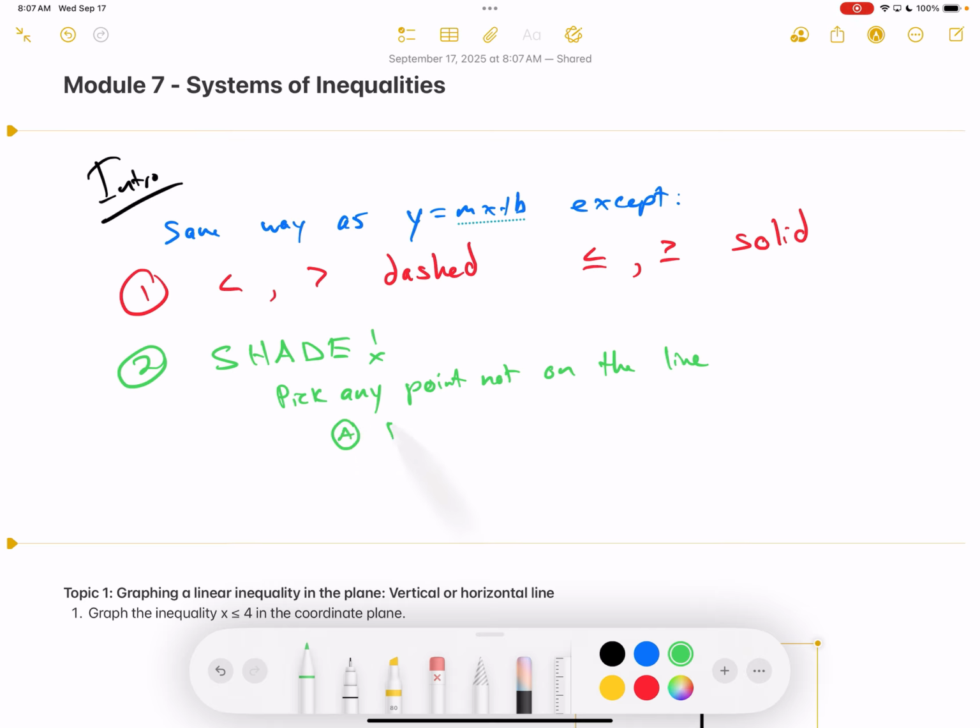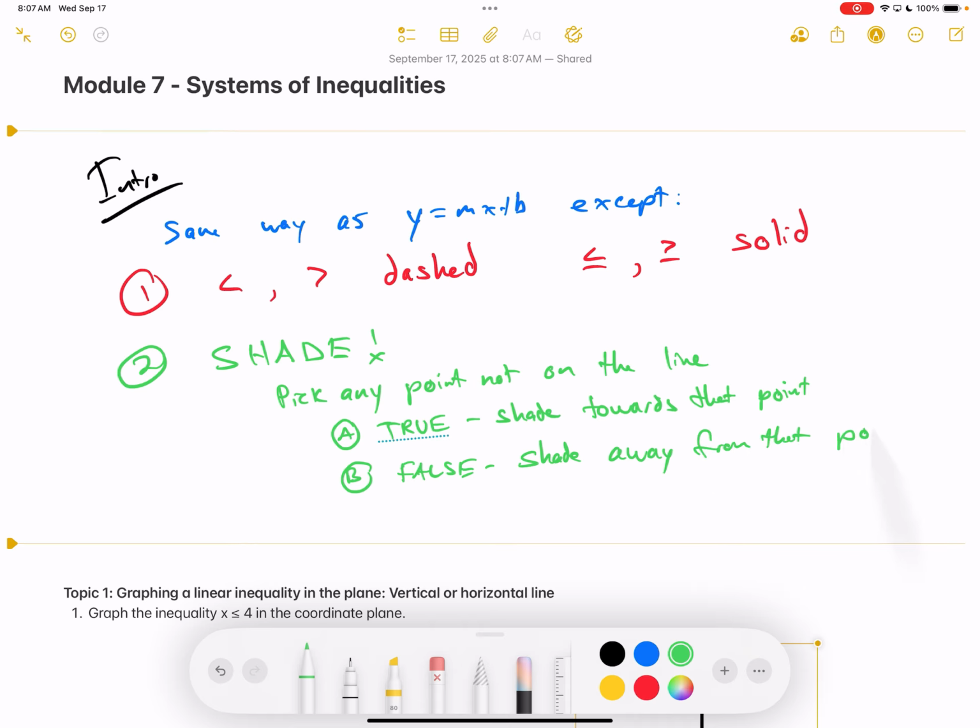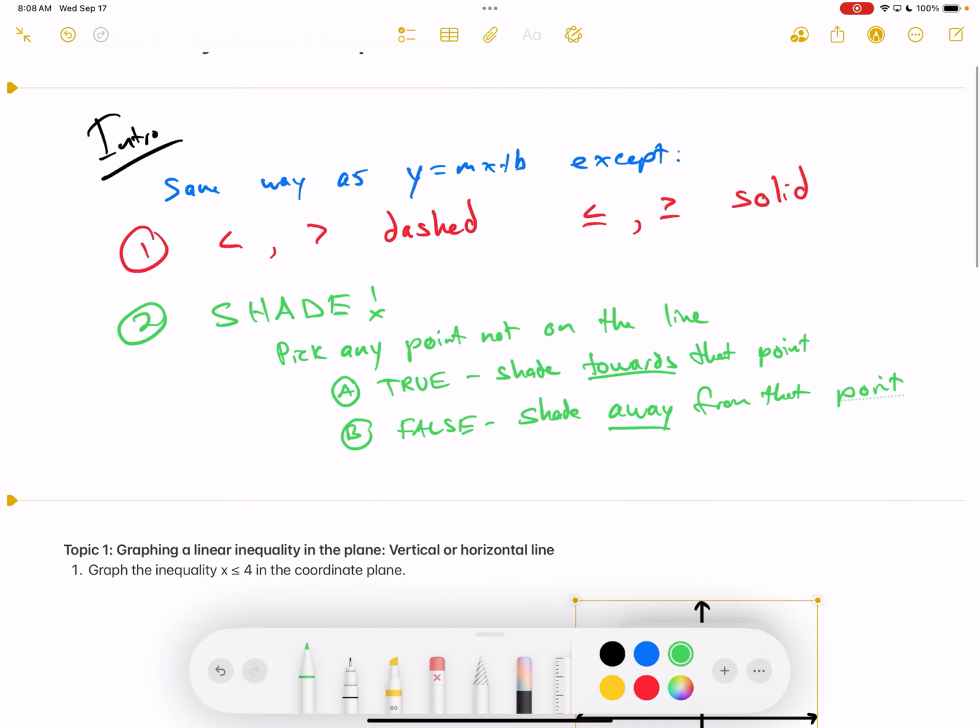If it's true, you shade towards that point. And if it's false, you shade away from that point. You'll see what we mean when we do these in just a second.